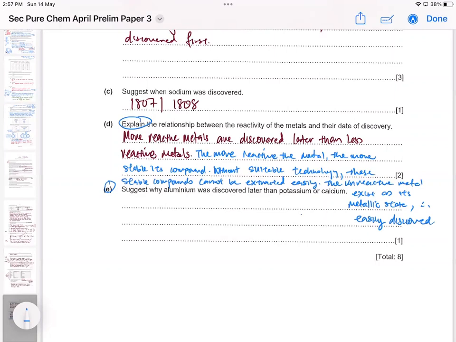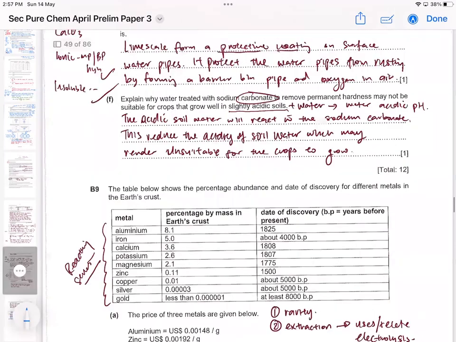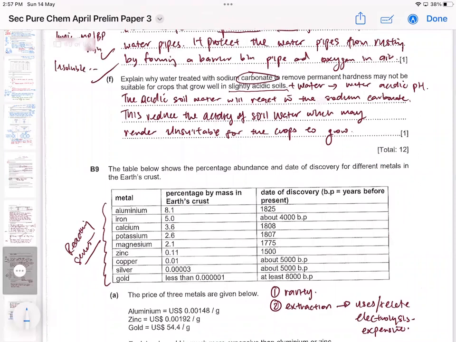But we know aluminum is not as reactive as potassium. Yet, if you look at the table, aluminum is about 17 or 18 years later than potassium. So why is the extraction of aluminum not possible until a later time, even though potassium and calcium have already been extracted by electrolysis?